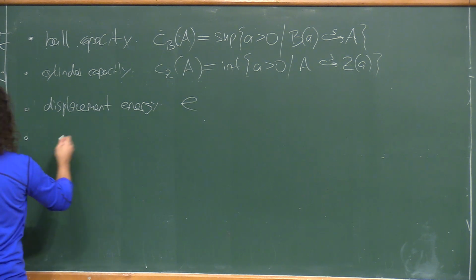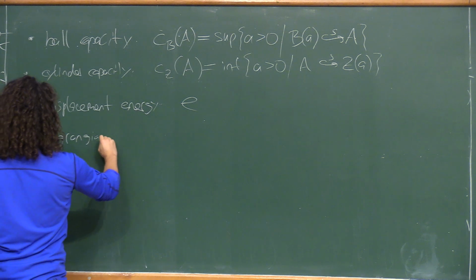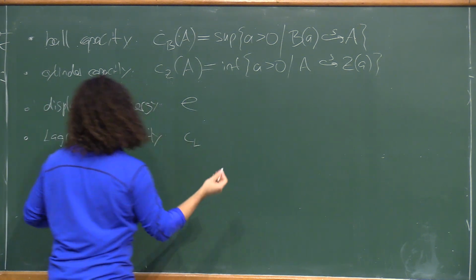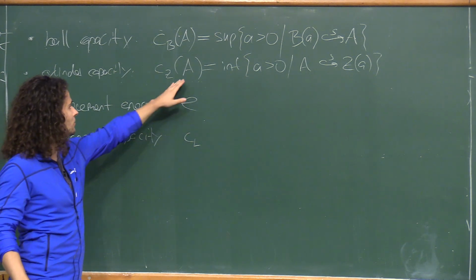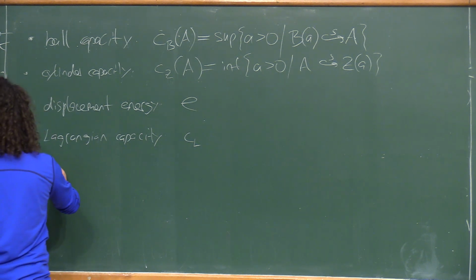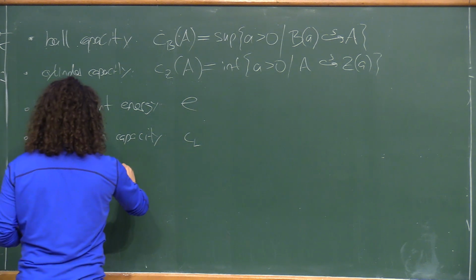There's, for example, the Lagrangian capacity, which measures the biggest size of a Lagrangian that can be embedded into my set. And then there's an important class of capacities that are based on dynamics. So there's a long list of these dynamical capacities.